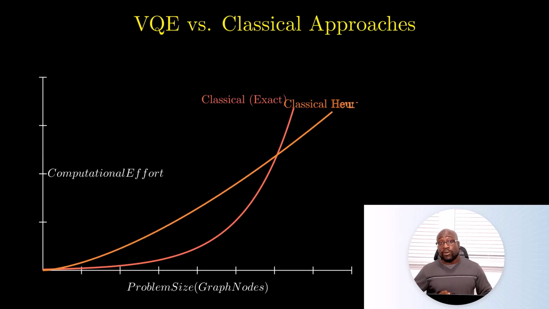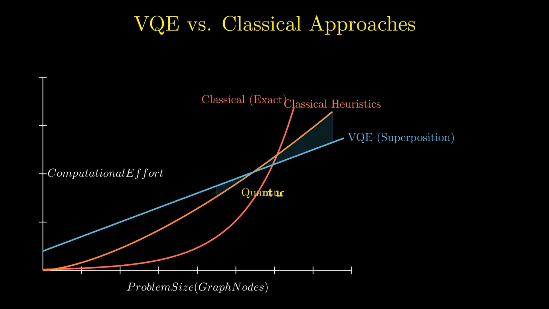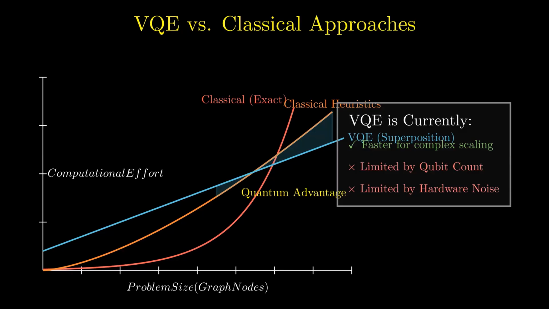As for VQE, it uses quantum superposition to explore the solution space and can potentially find better solutions faster for large instances. It is currently limited by qubit count and noise, but improving rapidly. The quantum advantage becomes more pronounced as problem size increases, especially for graphs with complex structure where classical heuristics struggle.